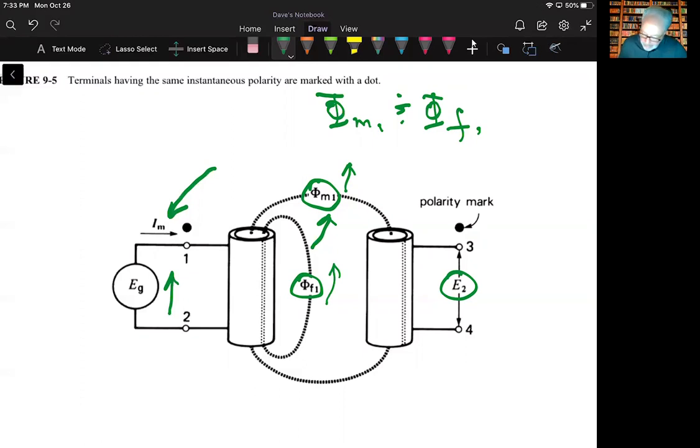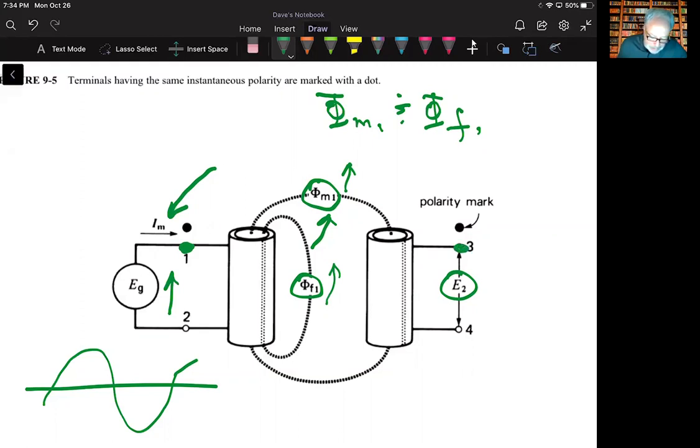So let's say that during one of the peaks, and all this is based on sinusoidal values, we find out, and we have a way to measure, say, that primary terminal 1 is positive, and secondary terminal 3 is positive.